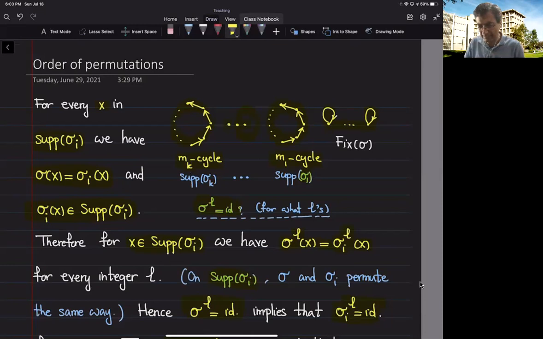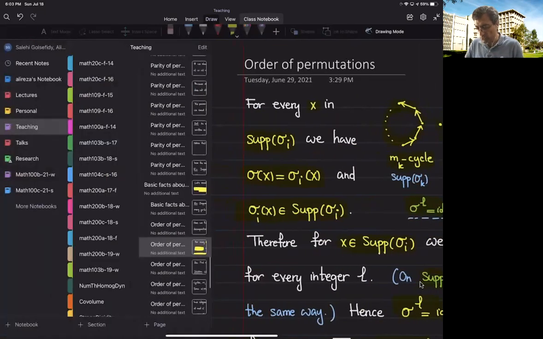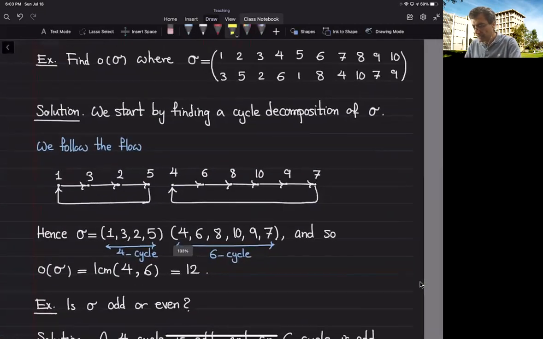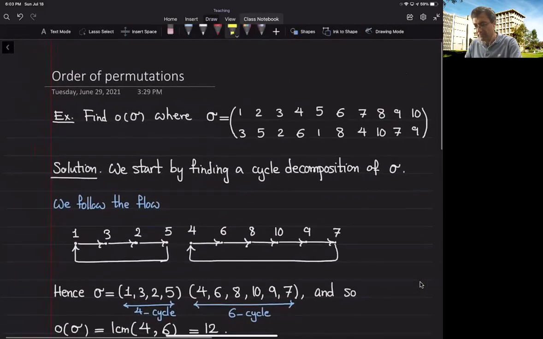Okay, let's see some examples of how we can use this rule. For instance, let's say I want to find the order of the following permutation. Sigma is given in this two-arrow format, and that means that 1 is sent to 3, 2 is sent to 5, 3 is sent to 2, 4 to 6, 5 to 1, 6 to 8, 7 to 4, 8 to 10, 9 to 7, 10 to 9.